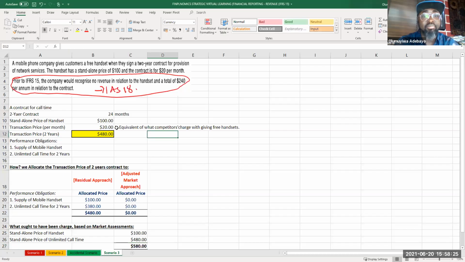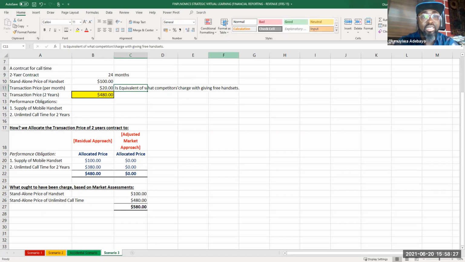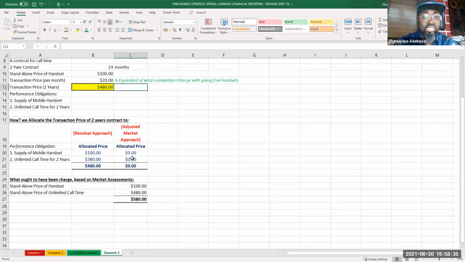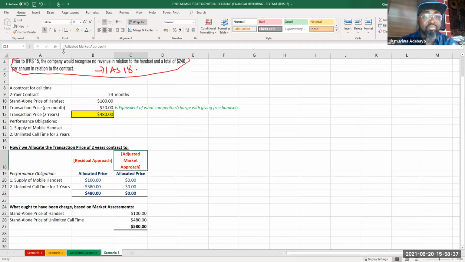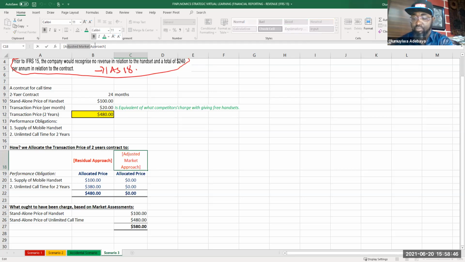Now, my assumption here, I put it in green as an assumption, is that the price is charged by competitors. Therefore, I won't see this as adjusted market price. I might just convert it back to standalone prices.